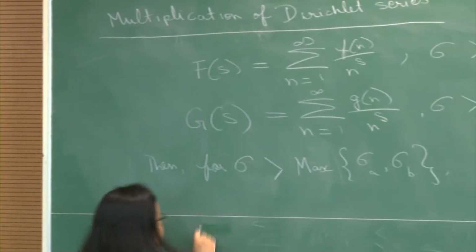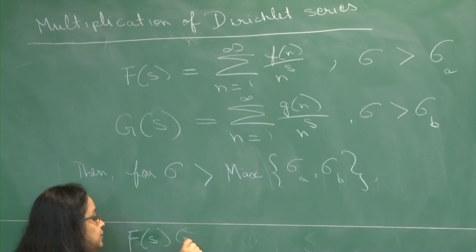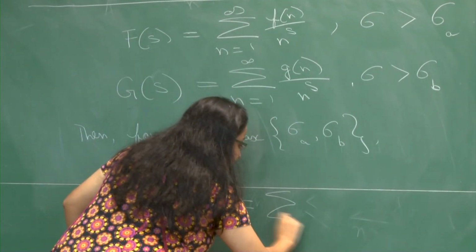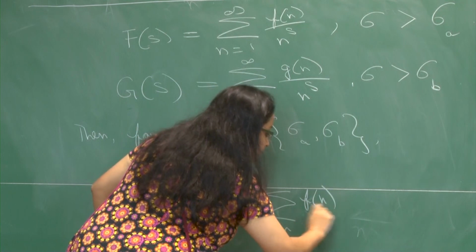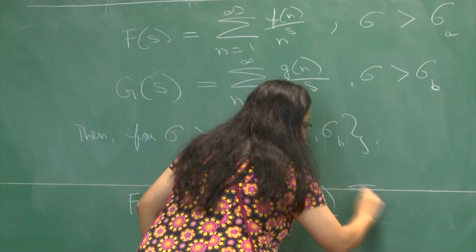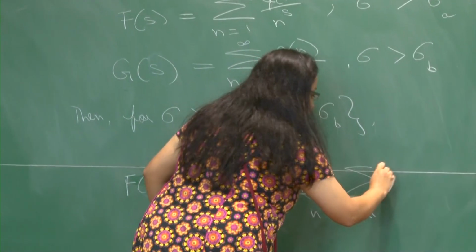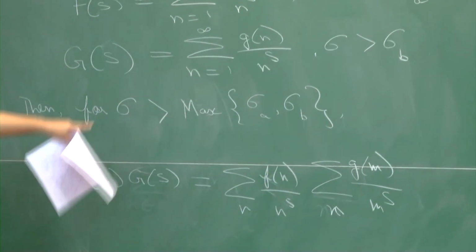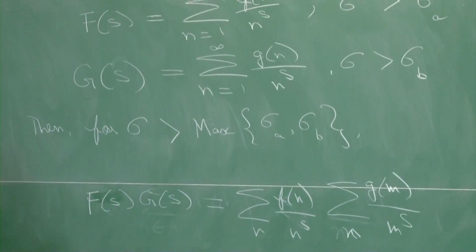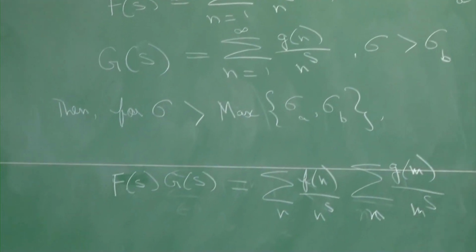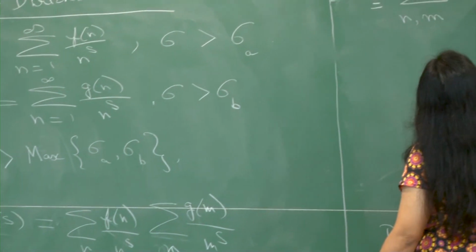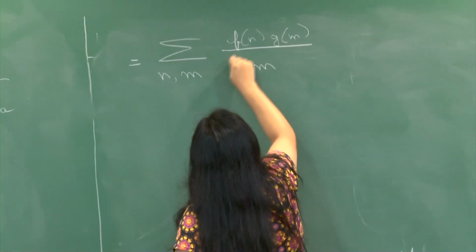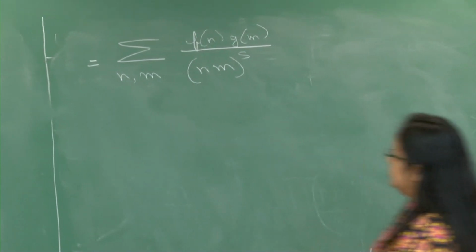So, capital F of s times G of s, what is this equal to? So, you have summation f of n over n to the s times, let us say, the sum of g of m over m to the s. When you bring together, what you have is basically a double sum over n's and m's over n times m raised to the s.